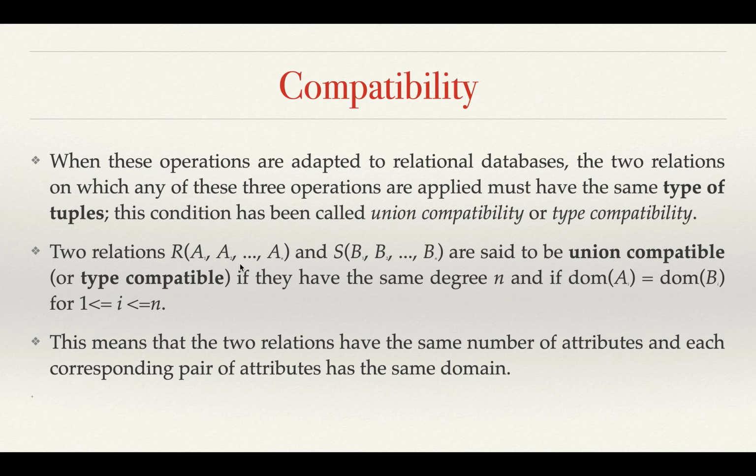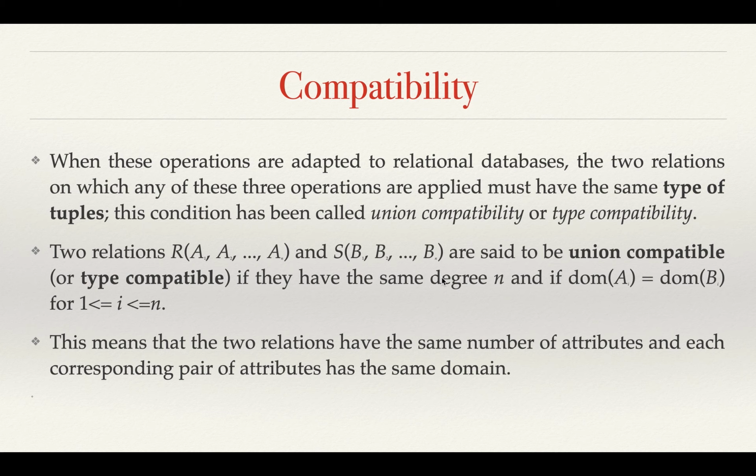So what are the two conditions? First, the degree of the two relations involved in any set operation should be the same. Second, all the attributes in both relations should be domain compatible, that is, the domain of A is equal to the domain of B, for all A's and B's the domains should match.